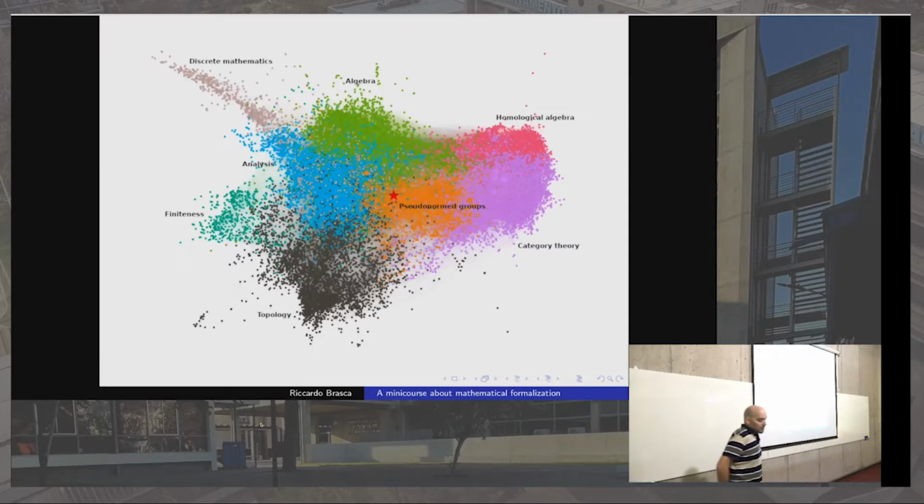With a team of around 15 people, led by Johan Commelin, we formalized a very recent theorem of Dustin Clausen and Peter Scholze. Peter Scholze is a Fields medalist, so he has a Nobel Prize in mathematics, essentially. And he proved this very, very difficult theorem, and we formalized it.